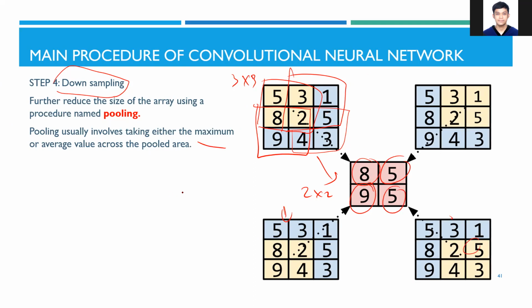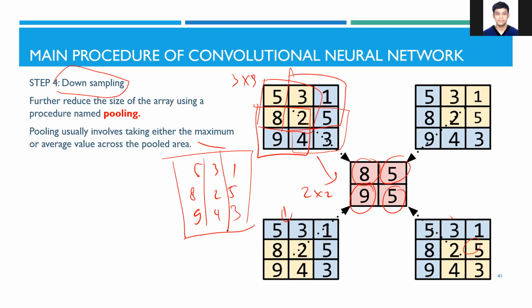So from this 3 by 3 matrix, if we use the pooling layer, it will change into a 2 by 2 matrix with these values. Okay. We also can use the average value, for example, finding the average value of 5 3 H 2. We also can use that. It's something that we decide, which one you want.